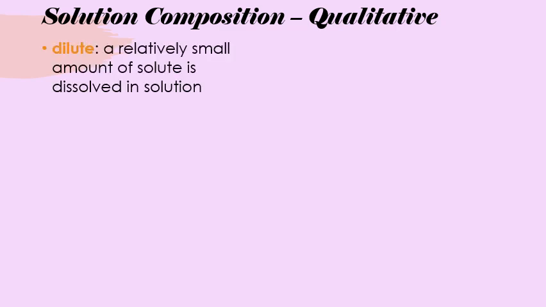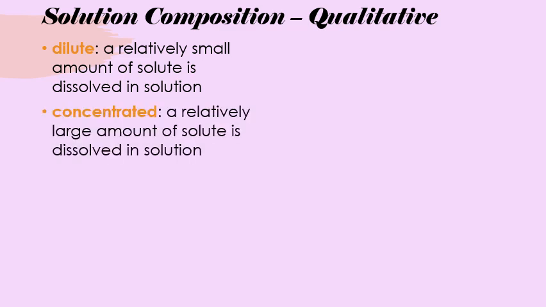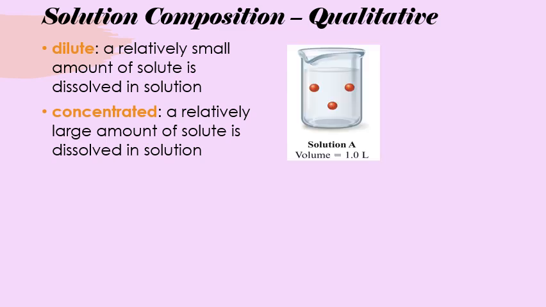So the first thing we could say is that a solution is dilute. Something that is dilute means that a relatively small amount of solute is dissolved in solution. That is opposed to a solution being concentrated. If a solution is concentrated, that means it's got a relatively large amount of stuff dissolved in solution.